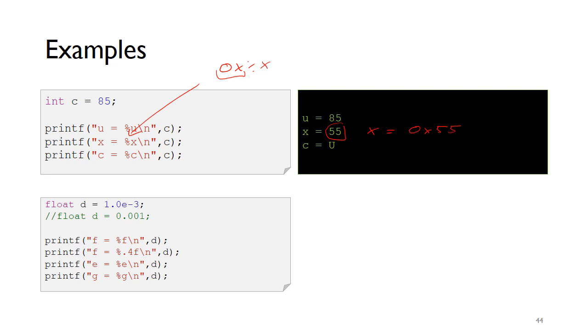That can just make it a bit easier to see. If you include this bit first, it can just make it easier to see that it's a hexadecimal value. And then C will print the ASCII equivalent. So if you look in the ASCII table, you'll see the decimal value of 85 corresponds to the uppercase U.